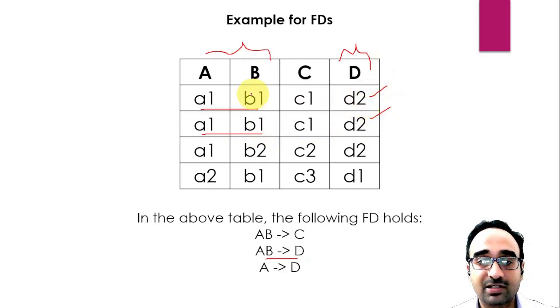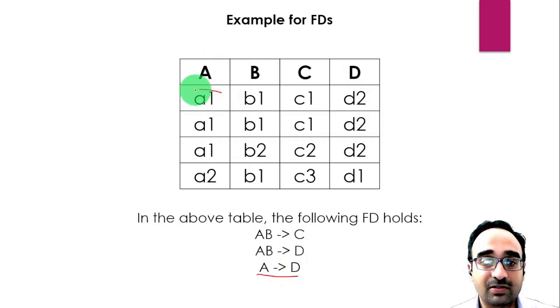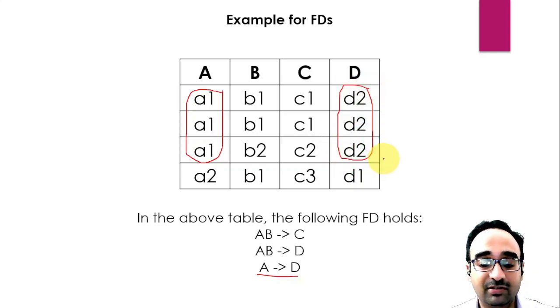So you can say that there is a functional dependency from AB to D. Now what about this one, A1 to D1? You can see in 3 rows you have the same value, and in the corresponding 3 rows under D you have D2, the same value. So you can say that this functional dependency holds.